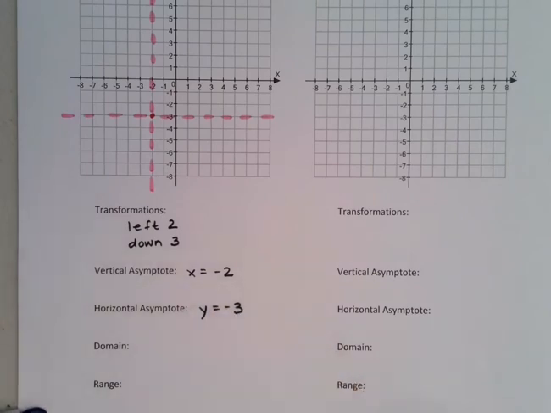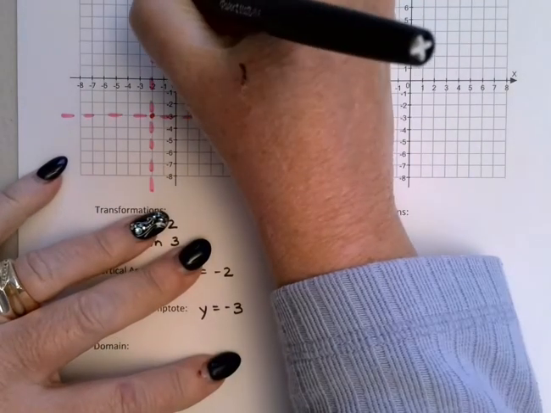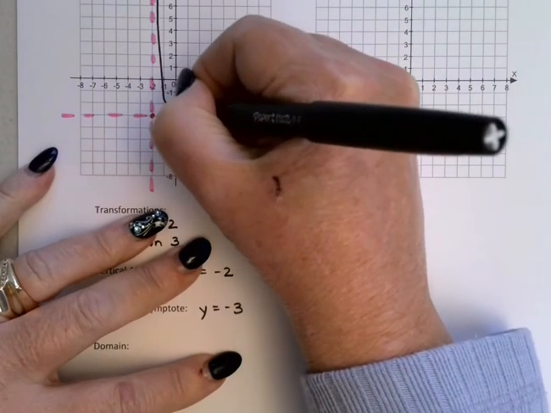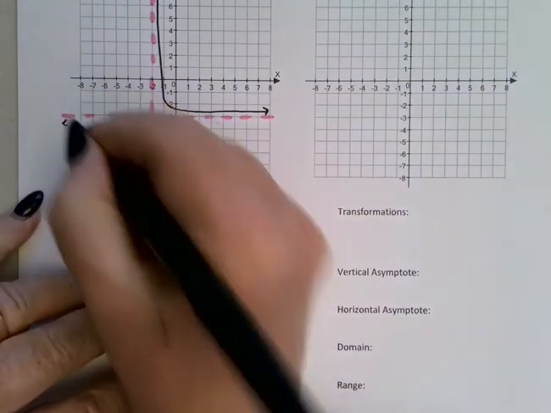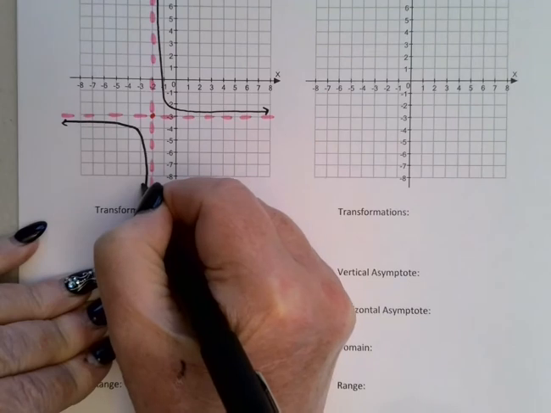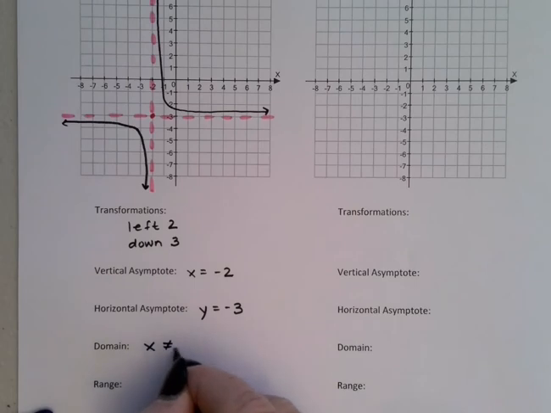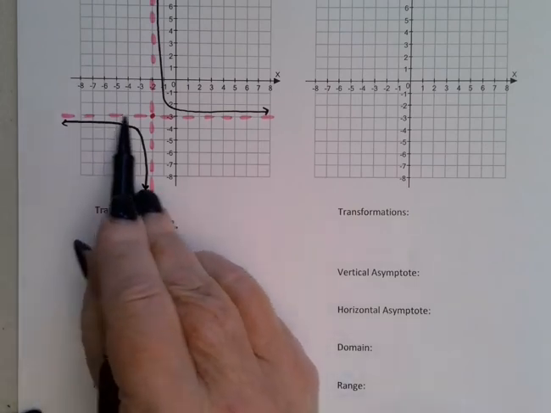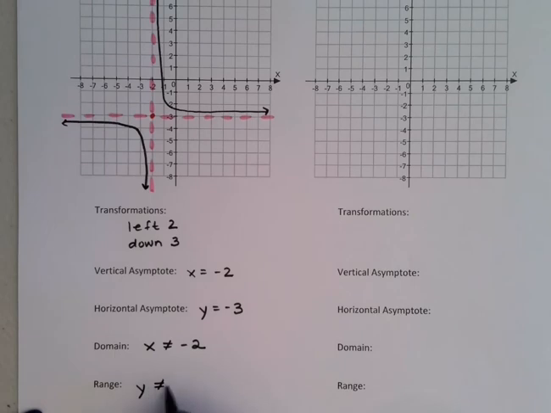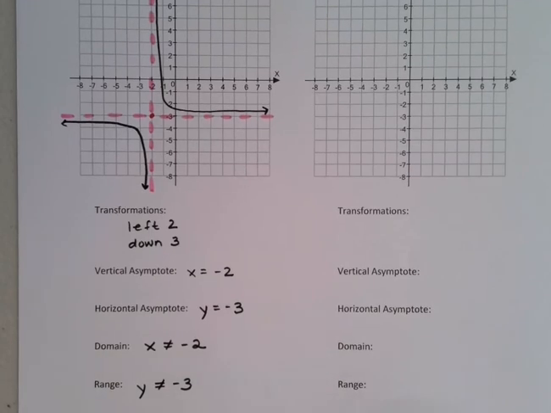All right, I'm just going to sketch in this basic shape surrounding my asymptotes, being really careful to not touch or cross either the horizontal or vertical one. And there's my graph. The domain, x is never equal to -2. And the range, y is never equal to -3. So once you know the vertical and horizontal asymptotes, they basically give you the domain and range as well.